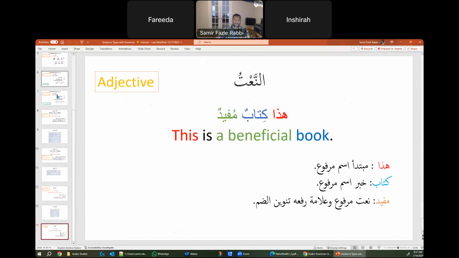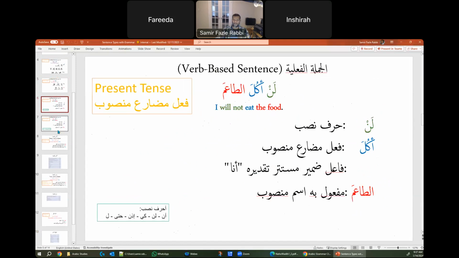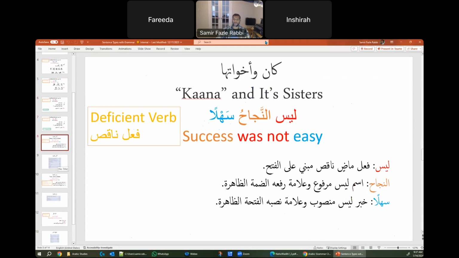Laysa is fi'l madi naqis mabniyun ala al-fatha. So it's built on the fatha. There's a fatha on top of this laysa. So they will say that's mabniyun ala al-fatha. It's built on that fatha.